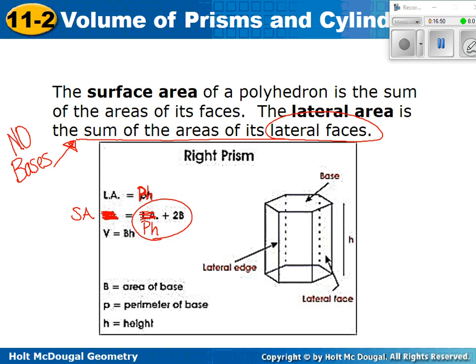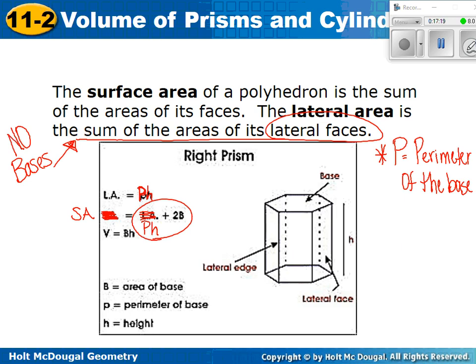Now we already talked about what capital B stands for. What does capital B stand for? Area of one base, which is why we're going to multiply it by 2 because we have two bases. Capital P, add in your notes. What do you think that stands for? Perimeter, but it's going to be the perimeter of only one base.